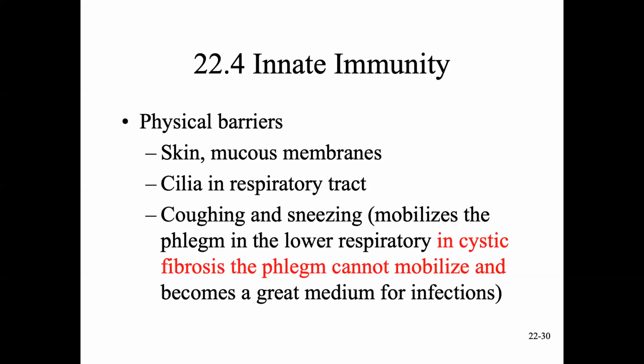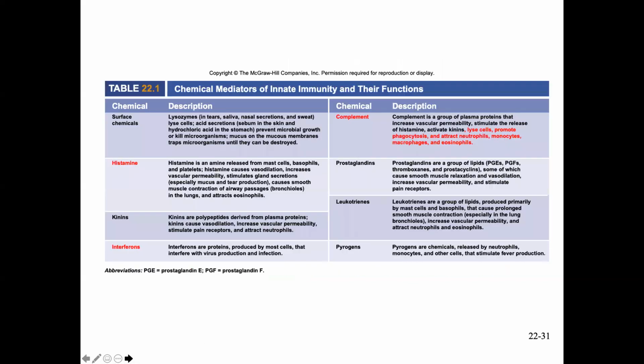The people who do survive will usually need a lung transplant, right? At least a lung transplant to actually get functional respiration to occur. And it's all because of a mutation in the sodium channels, which is crazy, right?